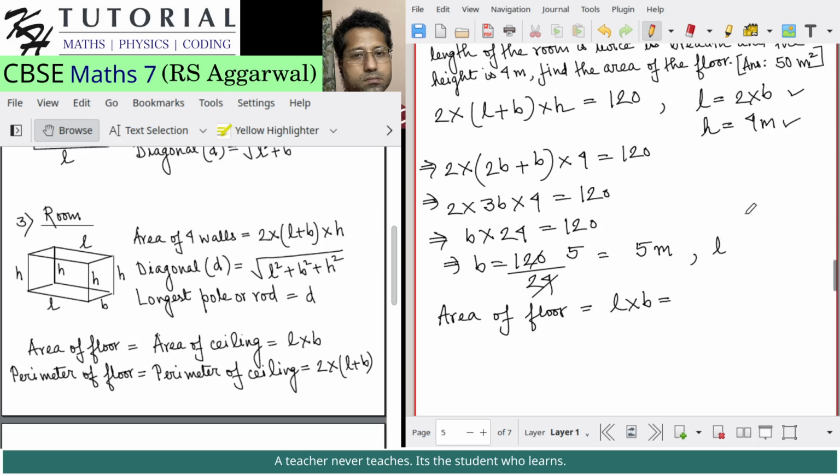Length is twice the breadth, so L is equal to 2 into b, which is 2 into 5 meter, which is 10 meter. So now the area of the floor will be length into breadth, which is 10 into 5 meter square. This is equal to 50 meter square.